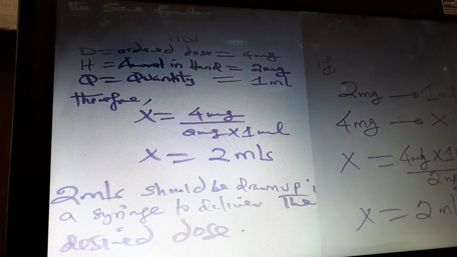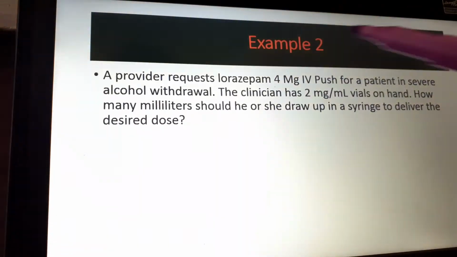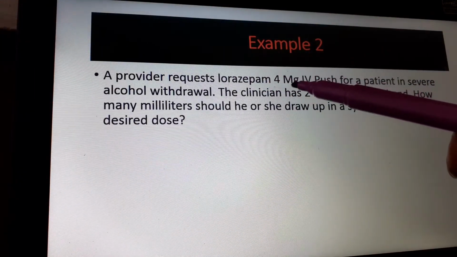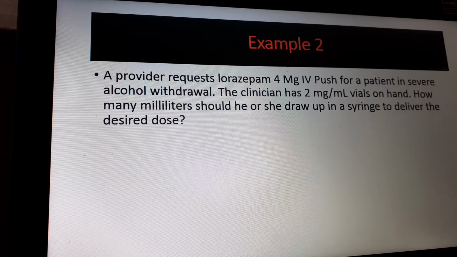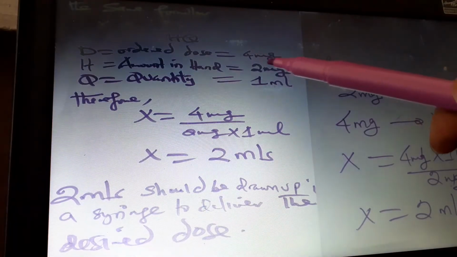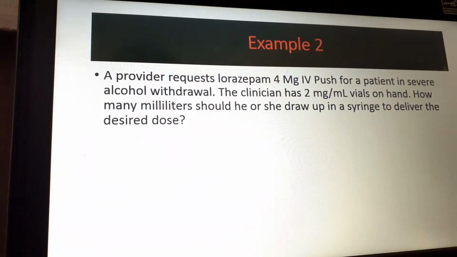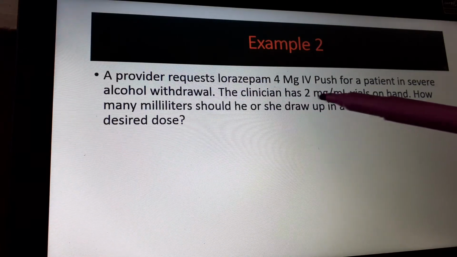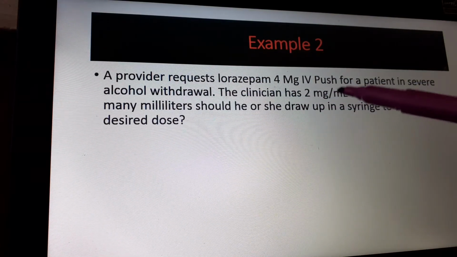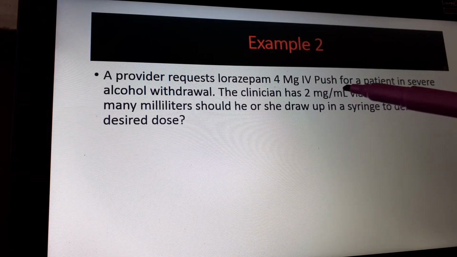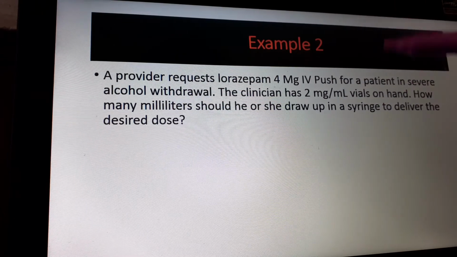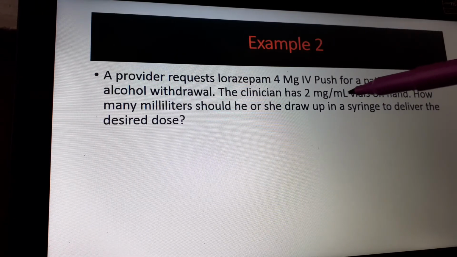So D, the ordered dose here is 4 milligram. Amount in hand, you have vials of 2 milligram per ml. So each ampule that you have, that 1 ml is equivalent to 2 milligrams.